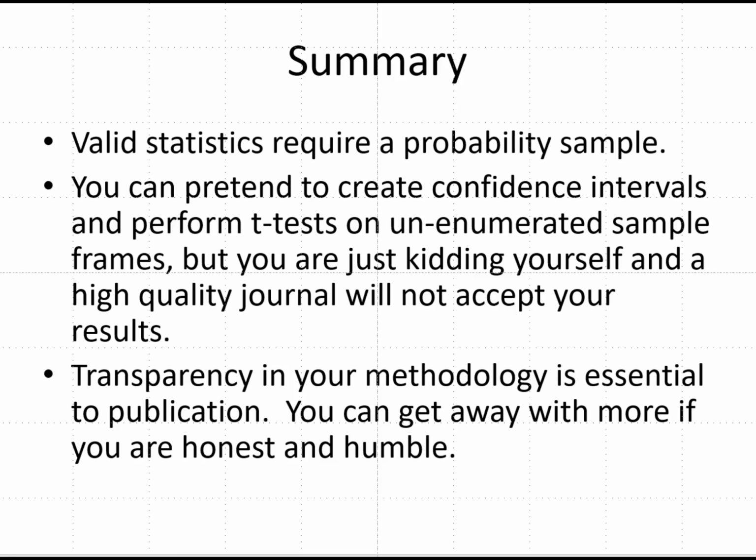You can get away with more if you are honest and humble about the approach you took. And you need to consider these types of errors when you are writing up your results. You need to explicitly address each of them in your discussion section and how your study approached it. That transparency will get your paper published.